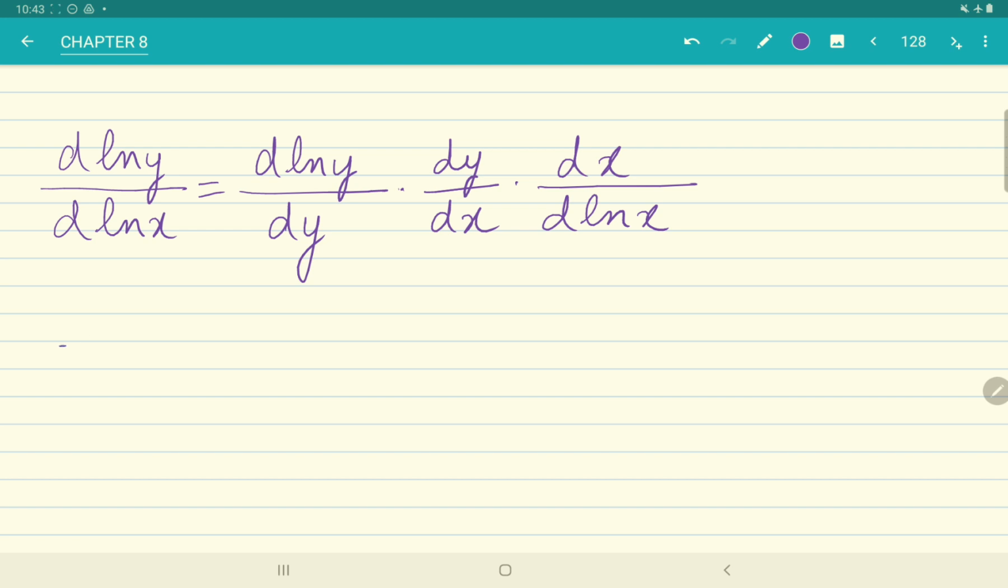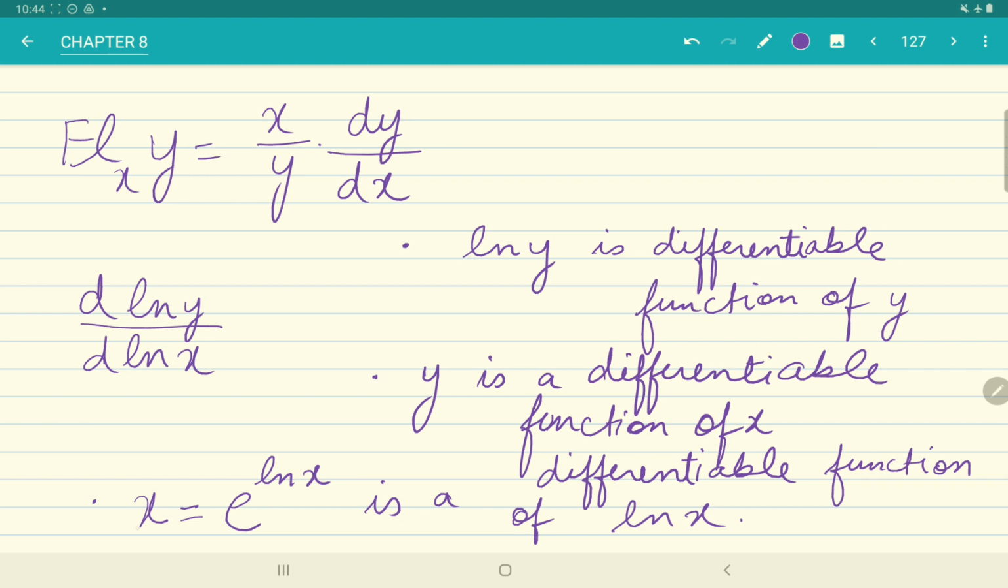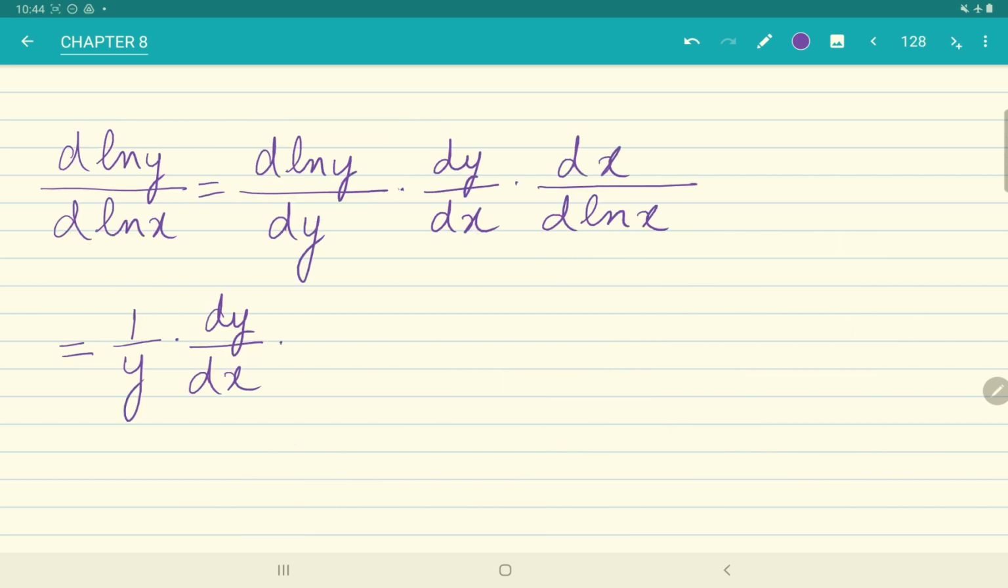Now I can calculate. D ln y by dy is equal to 1 by y. I just write dy by dx, and then I want to know dx by d ln x. For that I have to differentiate this expression with respect to ln x, and that gives me e raised to the power ln x.